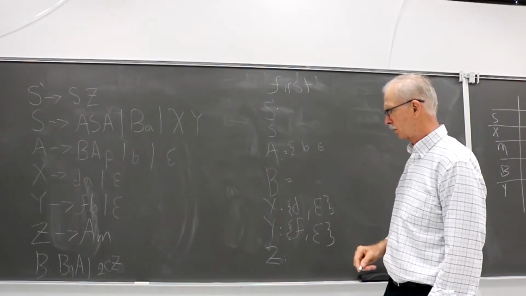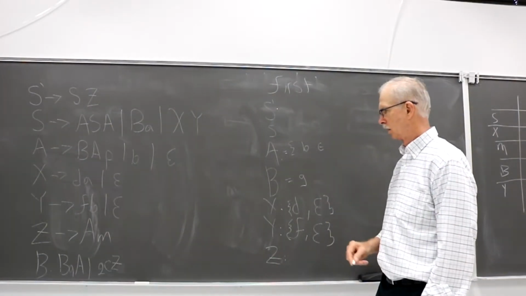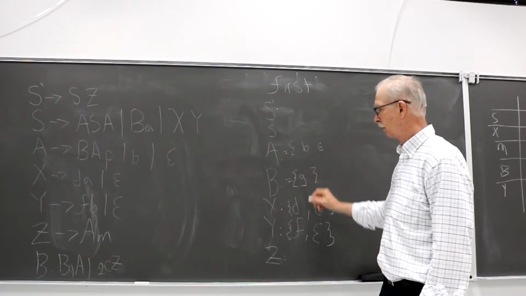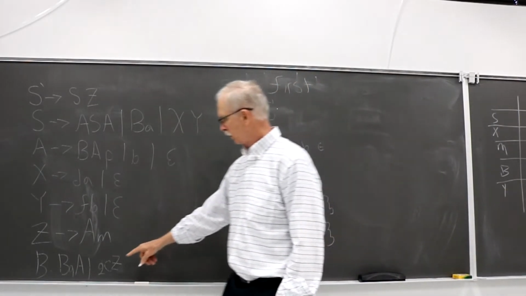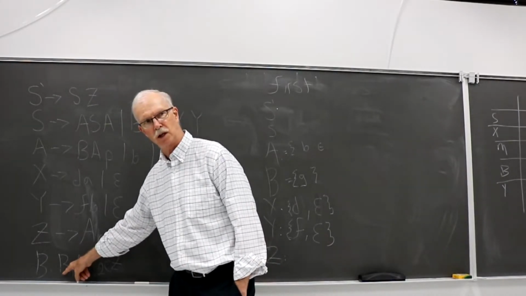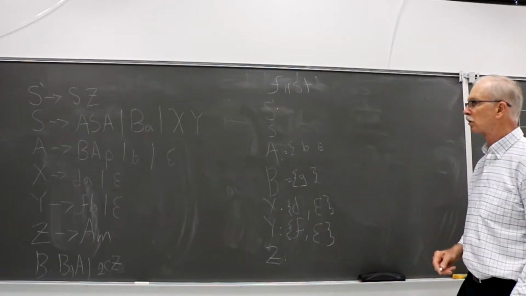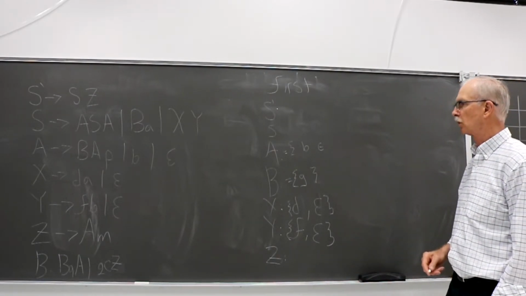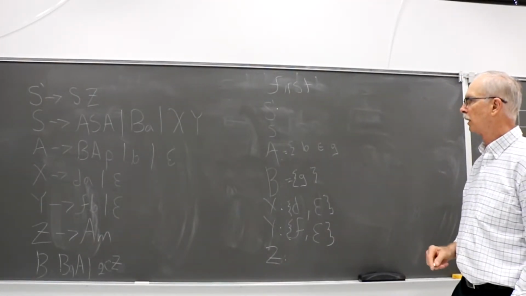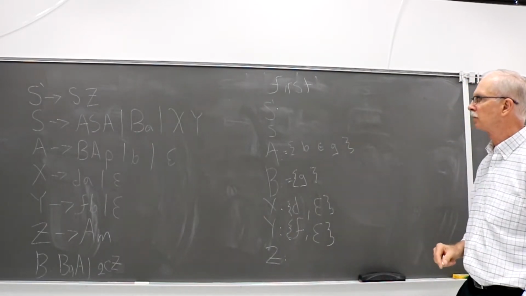The first of B has got a G. So the first of B is G, and it can't be anything else. And so the first of A is the first of B, which is G, and empty. Doesn't go away, so that's all that A can be.